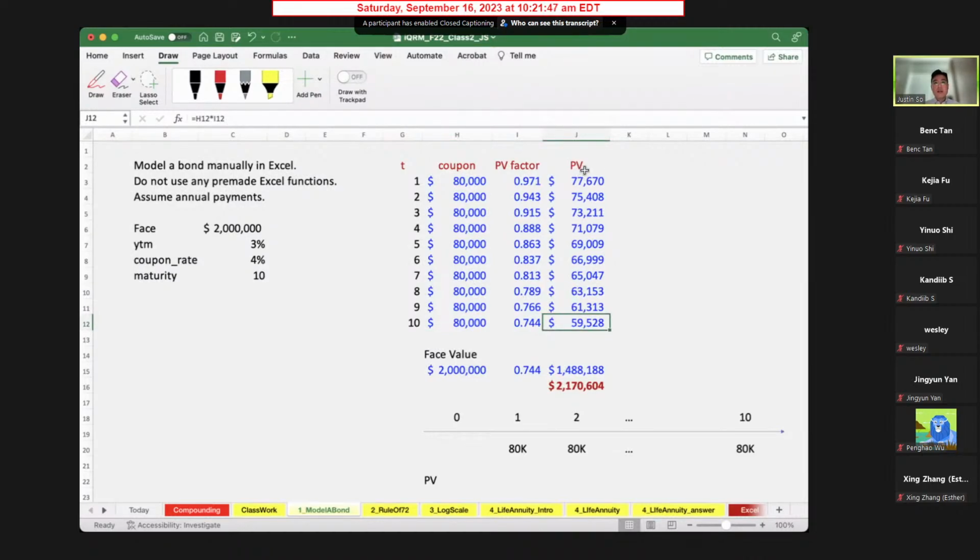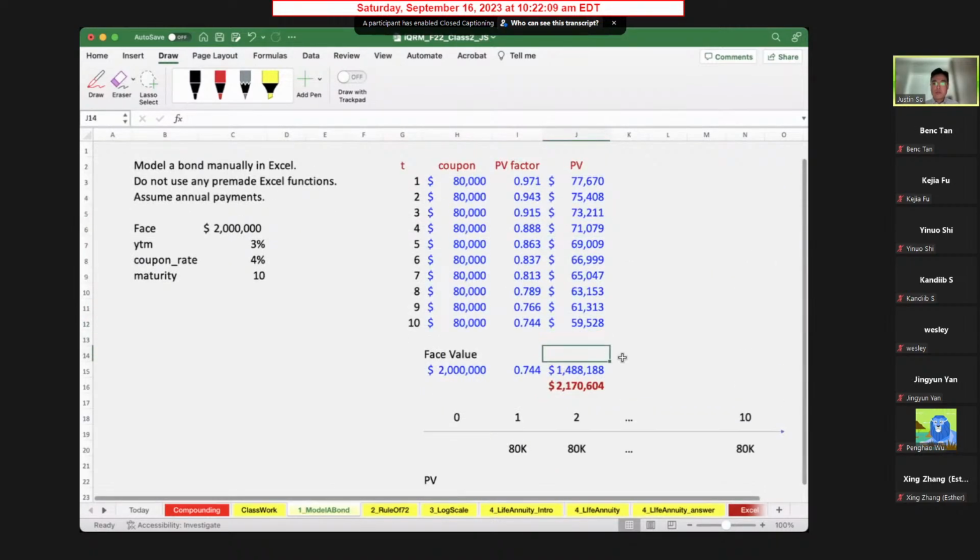Now, remember, present value is the value at the present time. These 10 cash flows become this, and the sum of this is the present value of all the coupons. But one last cash flow is the principal amount.